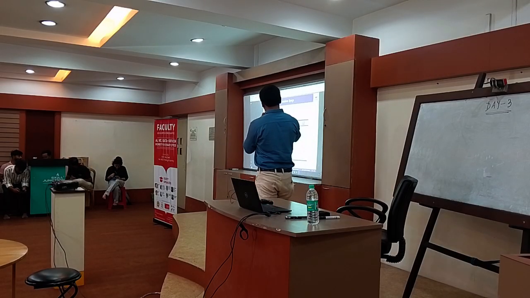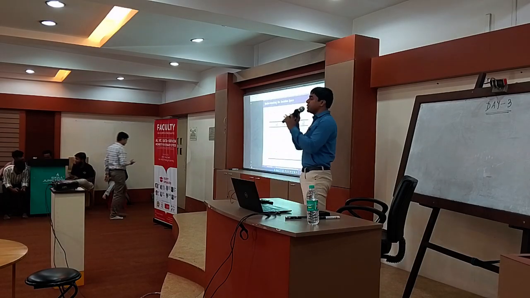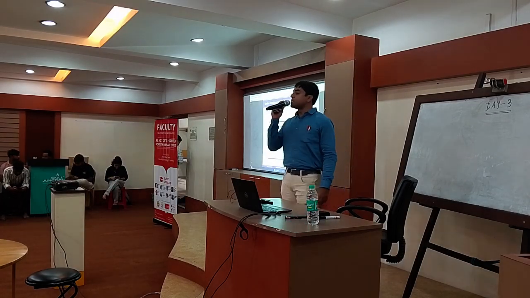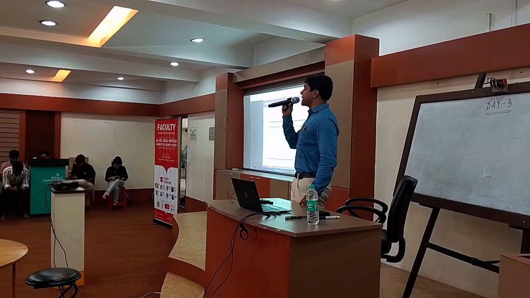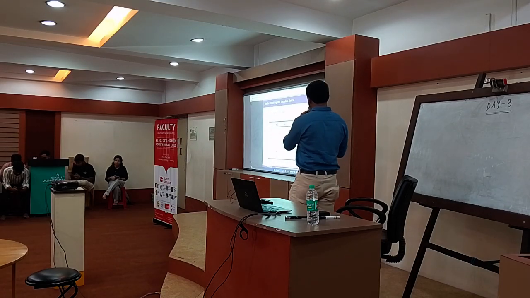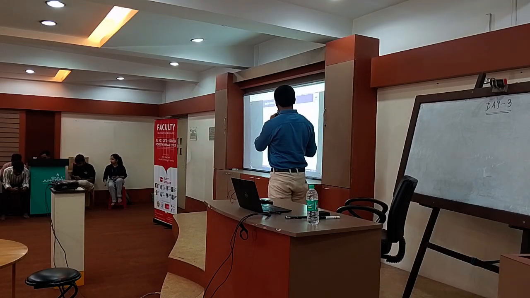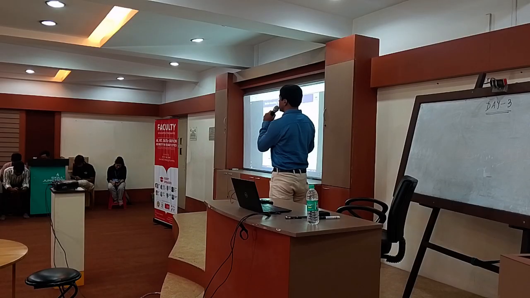Now we have an elaborate example. This example will help you understand the decision space as well as the objective space. We have two decision variables, x1 and x2, and we have two objective outcomes, z1 and z2, as two different objectives.